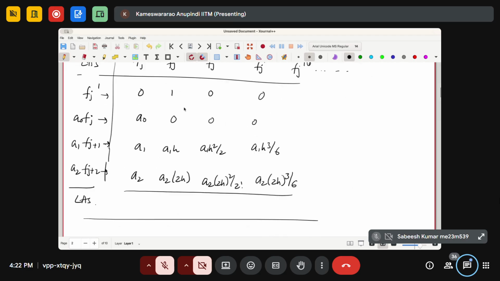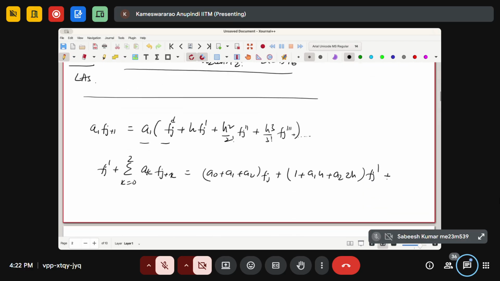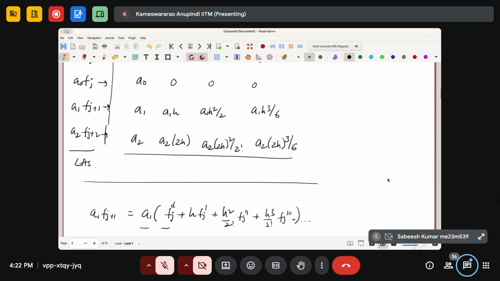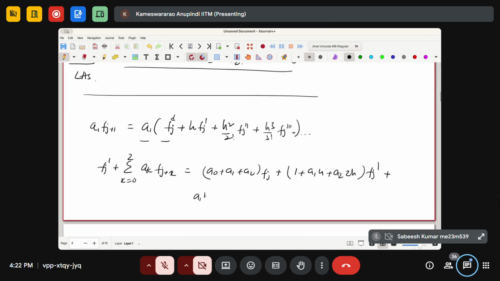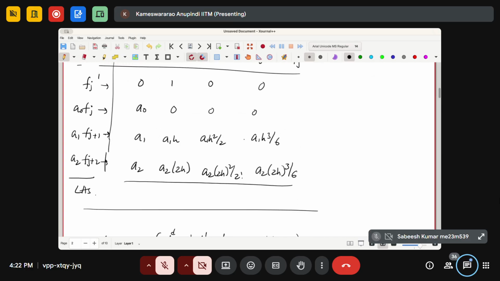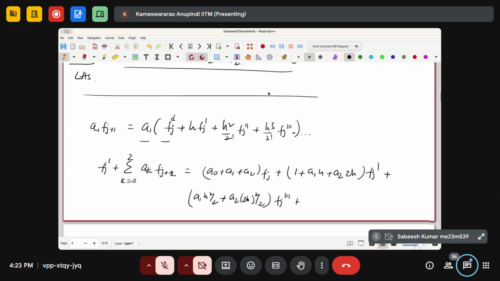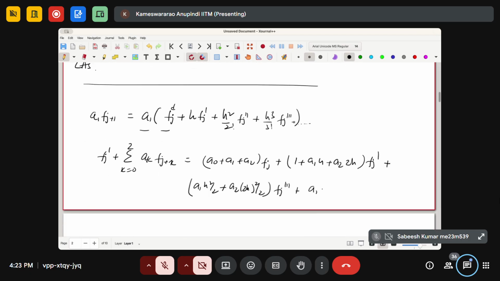That is this quantity plus fj double prime is going to be a1 h square by 2 plus a2 2h square by 2, times fj double prime, plus then what I have is a1 h cube by 6 plus a2 2h cube by 6 times fj triple prime, and so on. Okay.